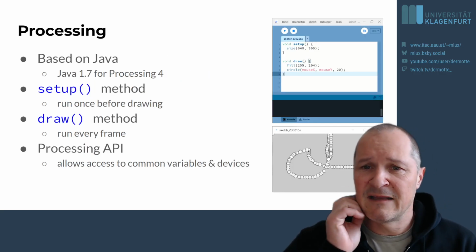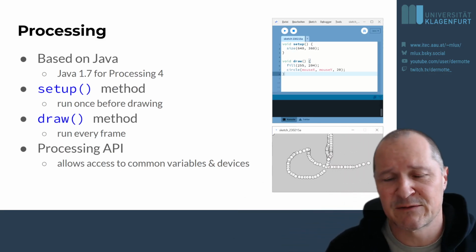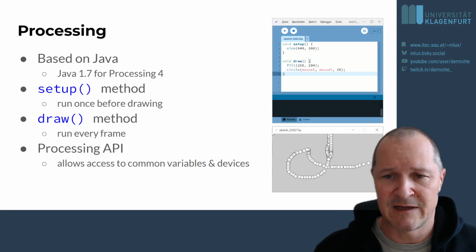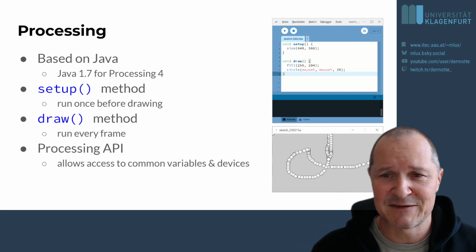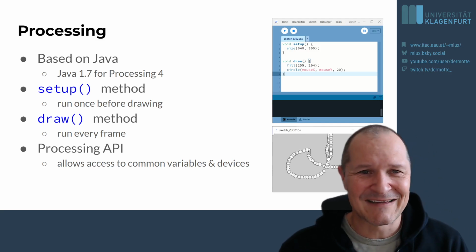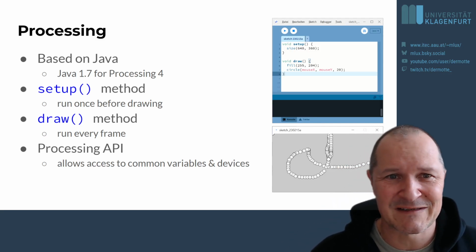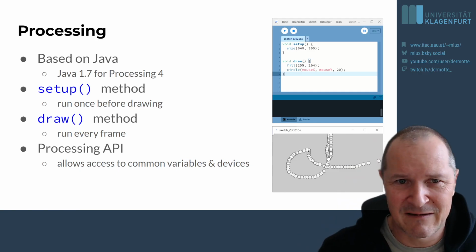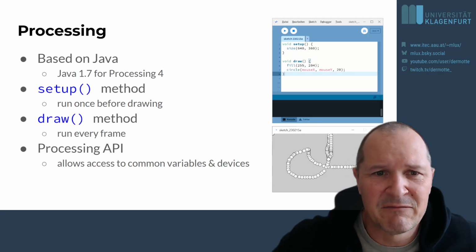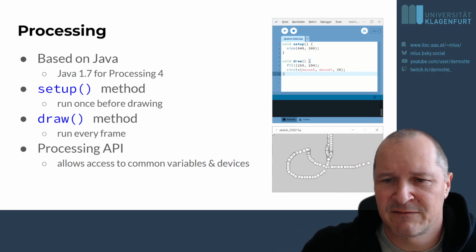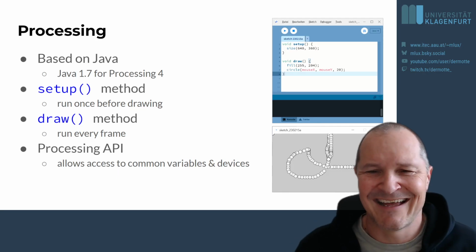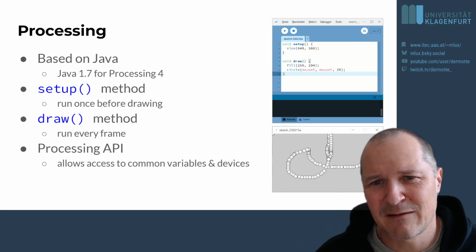Okay, so let's dive into a little bit of processing. So I put up screenshots. I didn't install it on my computer, which was kind of a hassle yesterday to get the streaming setup running because I changed computers since I streamed last time. So also there is no processing on it. Processing was based on Java 1.7, for instance, for processing 4. I'm sure there's some evolution in there, but the whole idea was that you have this editor, which is this hand up here, and this editor has a setup method and the draw method.